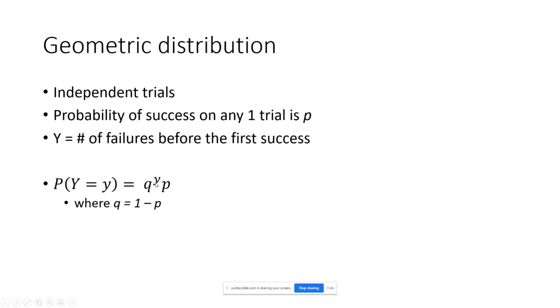So q to the y times p. And here we don't have that n choose y business in front, because with the geometric distribution, the order matters. We need to have our trials be in the order y copies of a no result, and then a yes result.